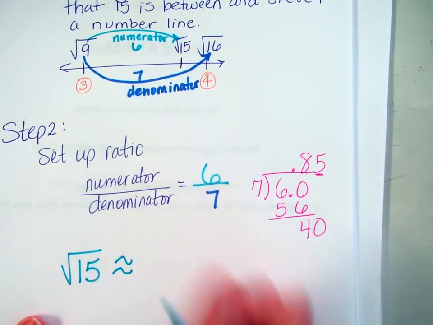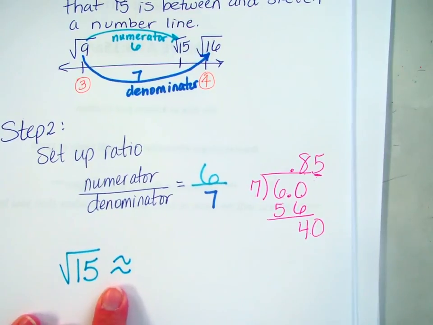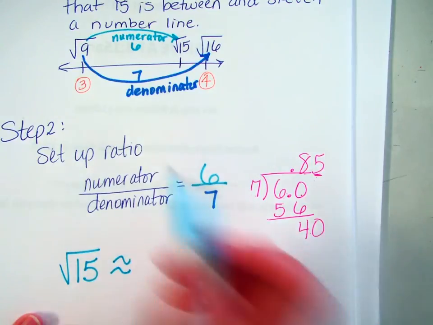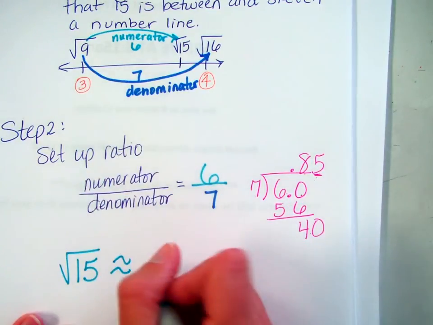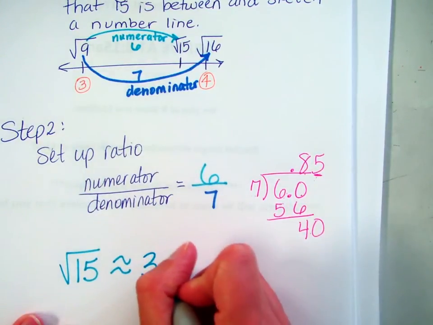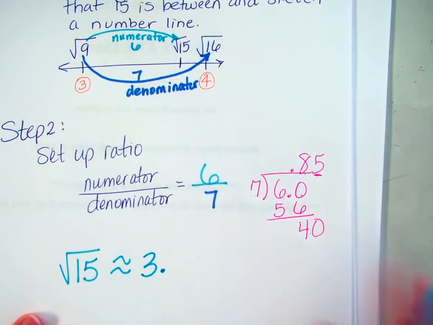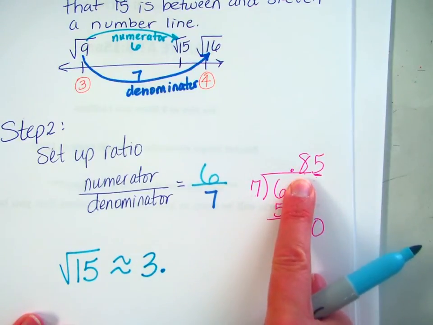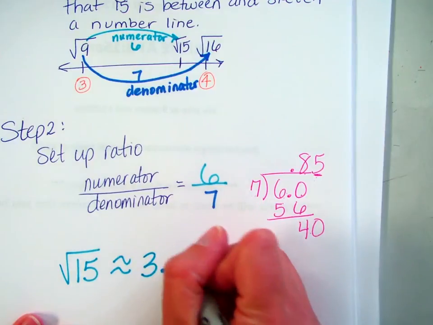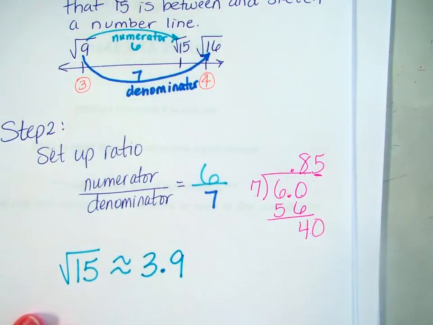Kind of looks like an equal sign, but it's wavy. About or approximately, okay? And it's going to be approximately what? 3.9. We're going to round it up. And there we go.